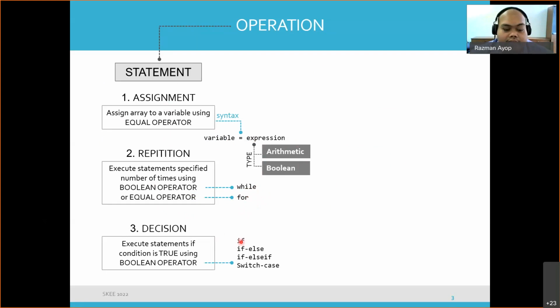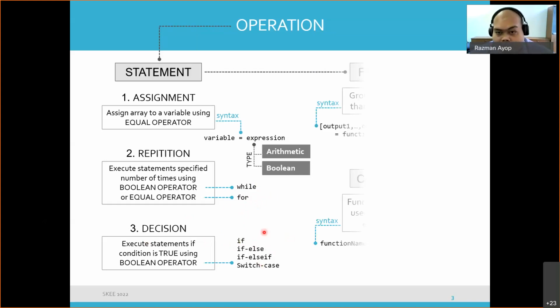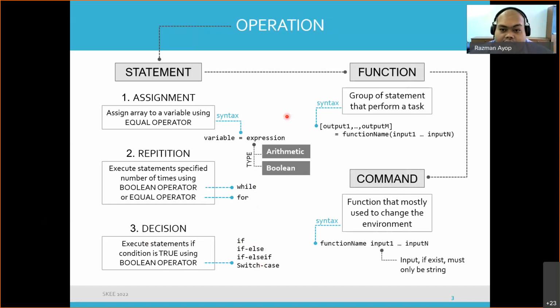And then you have a decision, which is if else. This is the statement. After that, you can create a function based on this statement of progression, and then you can call the function. So this is generally the operation.